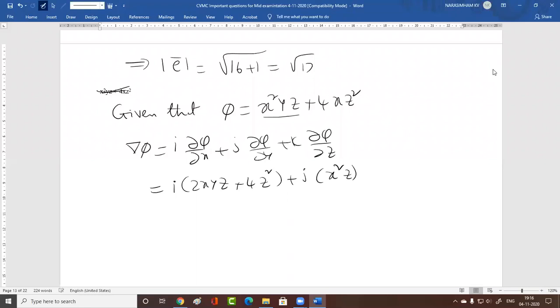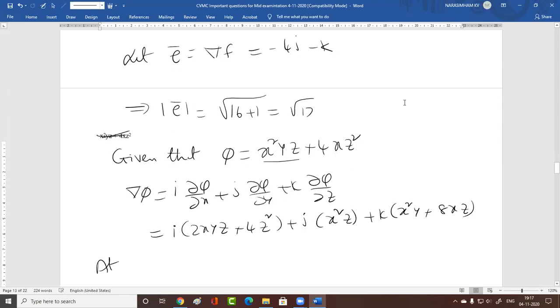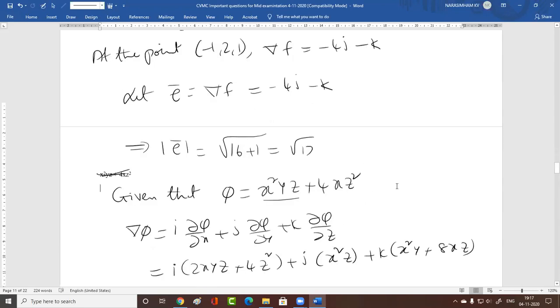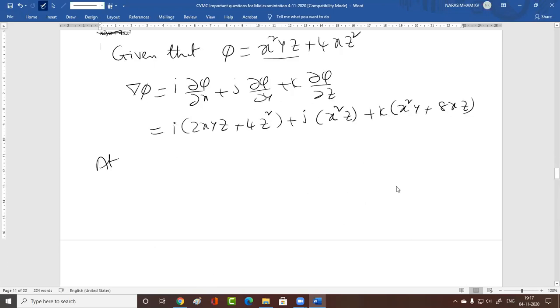Plus k into partial derivative with respect to z: x square y, and z square derivative is 2z, that is 8xz. At which point? The point is given as 2, -1, 1.